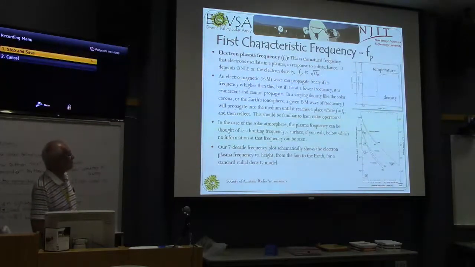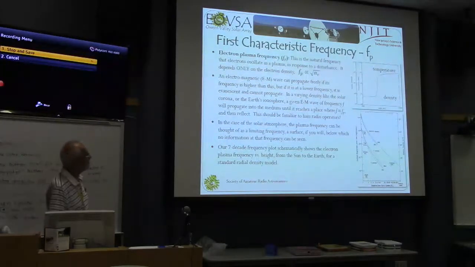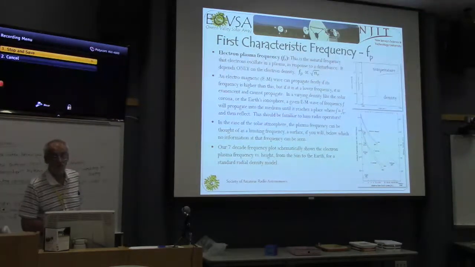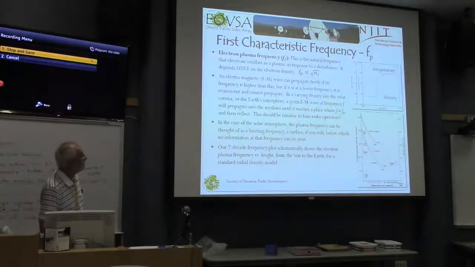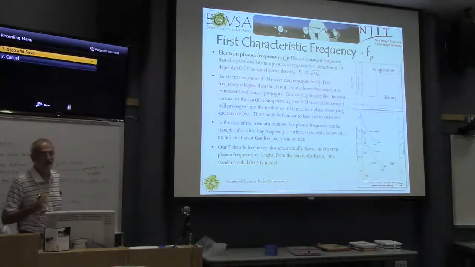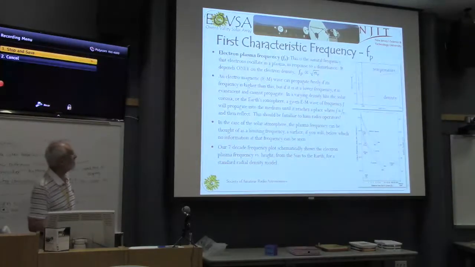Now, one of the disturbances that can cause this is an electromagnetic wave. So electromagnetic waves can propagate freely in a plasma if their frequency is higher than the local plasma frequency. But if it's lower than that frequency, it cannot propagate. It's going to be evanescent, die exponentially, and cannot propagate.